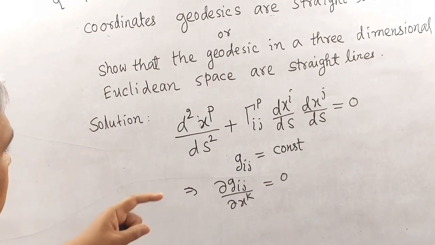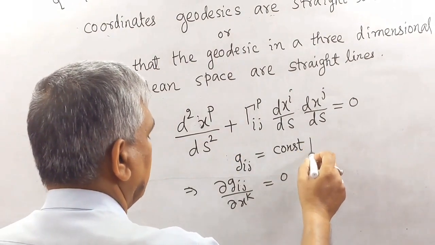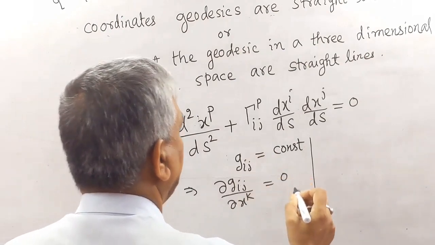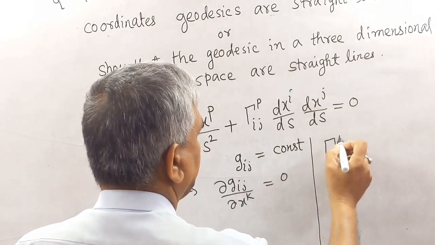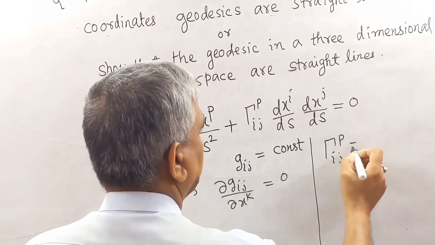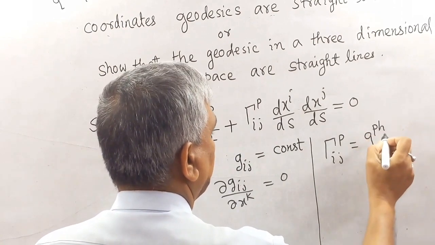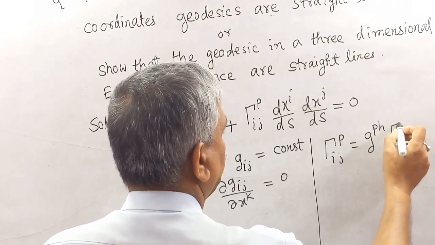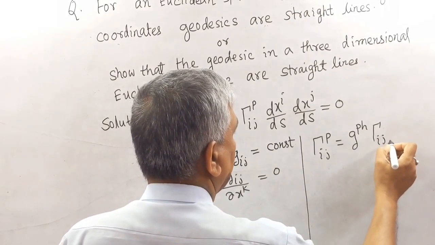For Christoffel symbol of second kind, we write Christoffel symbol of second kind, this equal to gph, Christoffel symbol of first kind, [ij,h].